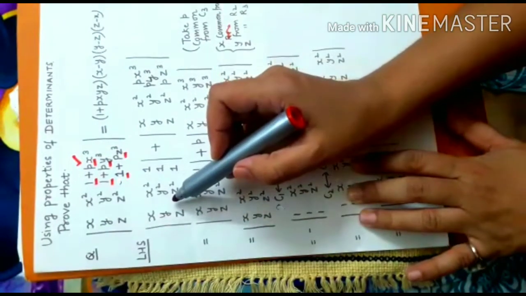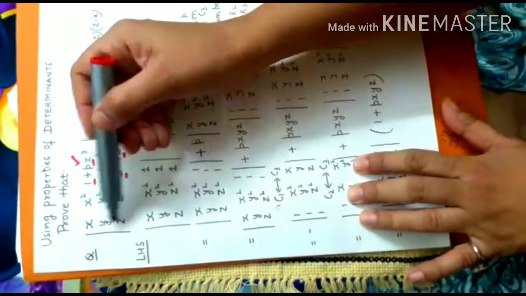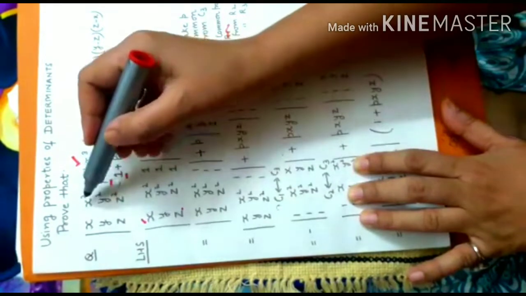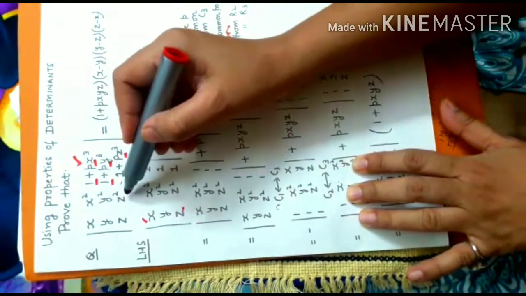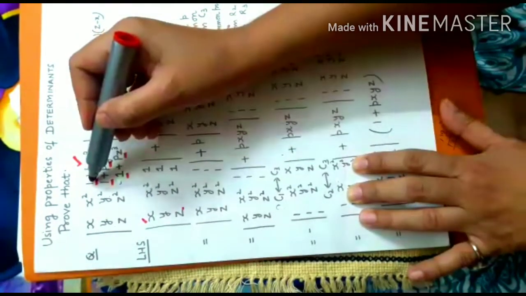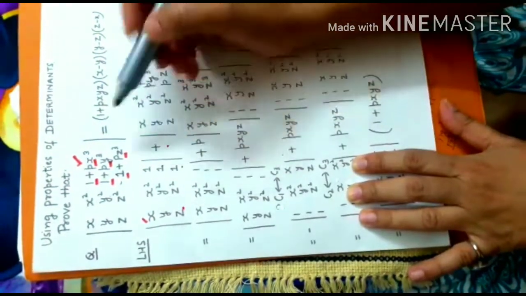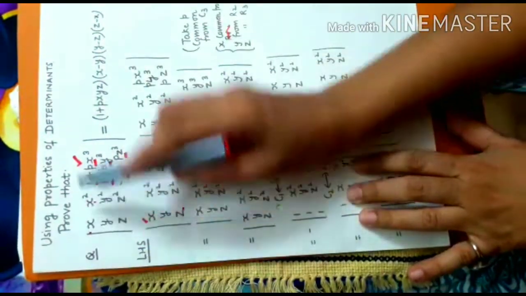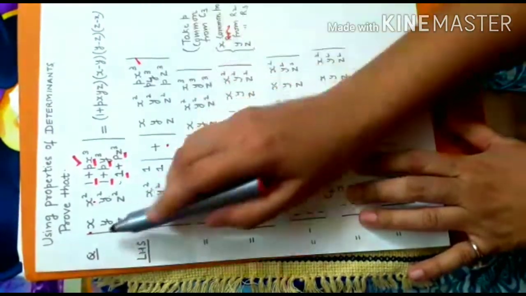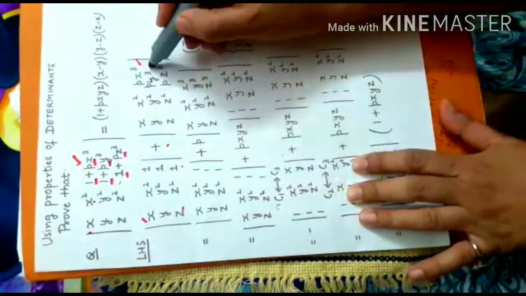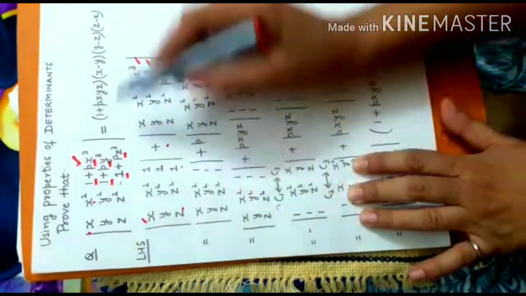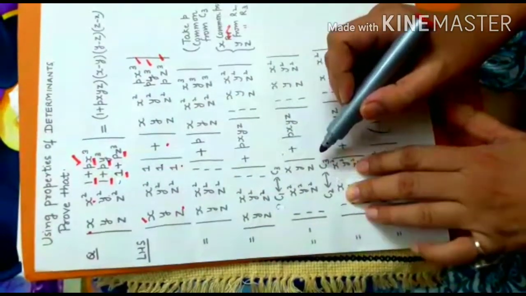So the determinants will be x, y, z, x square, y square, z square, and 1, 1, 1. Then plus x, x square, px cube, y, y square, py cube, z, z square, pz cube.